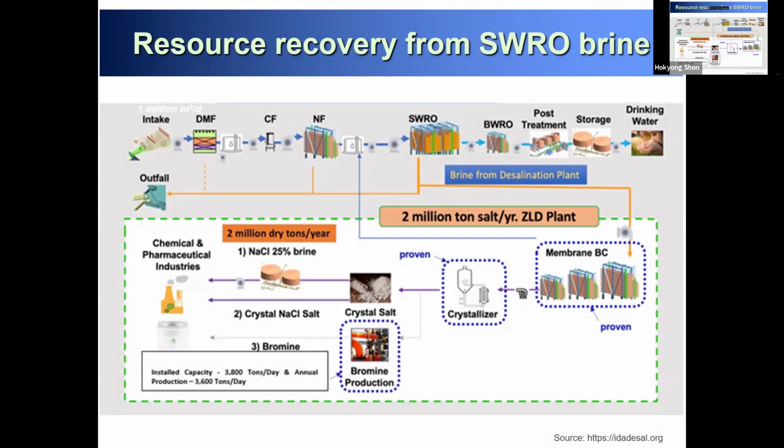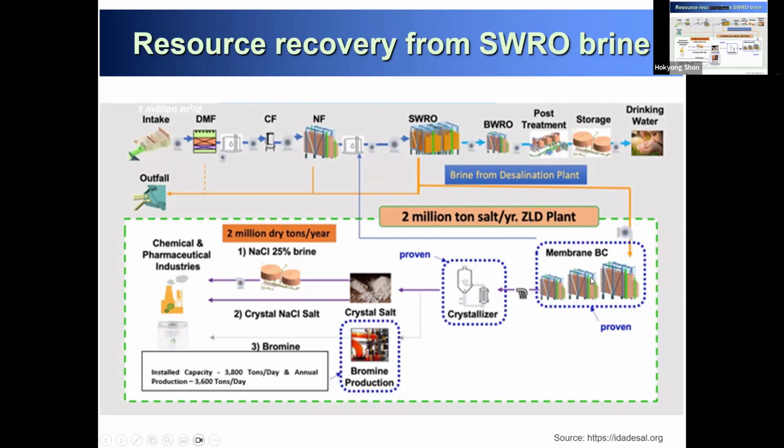They have a desalination plant like this: dual media filter, cartridge filter, nanofiltration to separate the monovalent and divalent, and seawater RO, BWRO, post-treatment, and drinking water. They utilize nanofiltration to separate monovalent and divalent, and send to this brine concentrator.